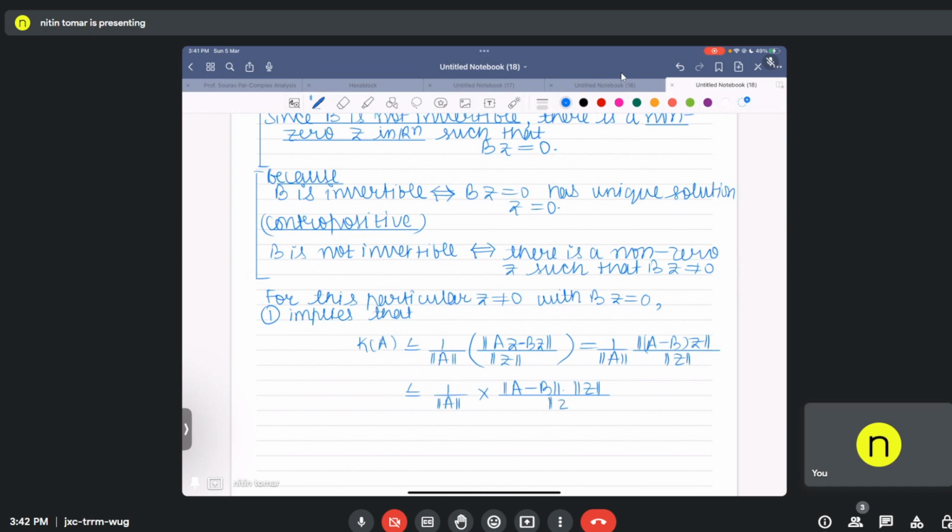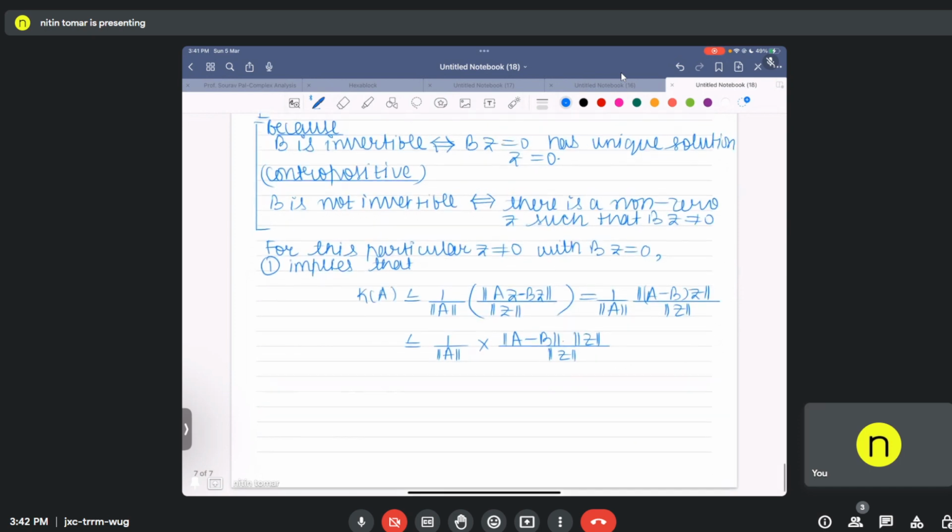Norm AZ is less than norm A times norm Z. So now norm Z by norm Z will be cancelled, and you have this, right? Yes. And this is precisely what we had to prove. Yes or no? Yes, sir. So this implies kappa A is less than or equal to this.